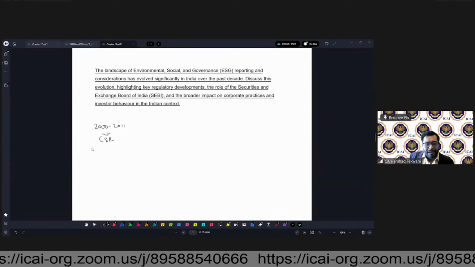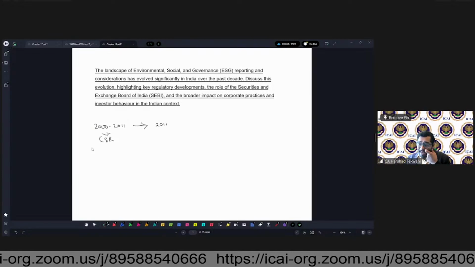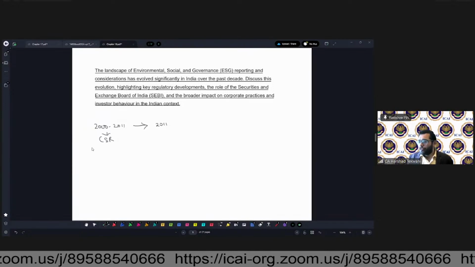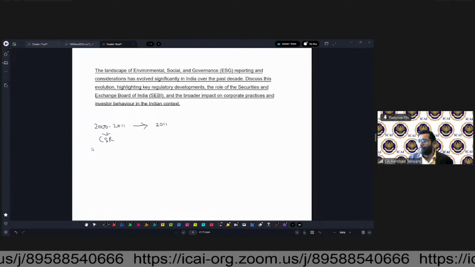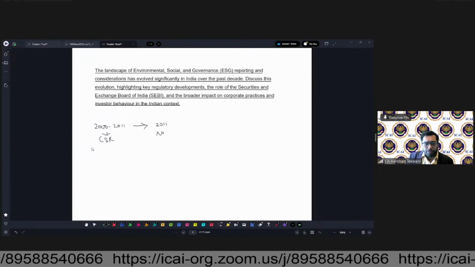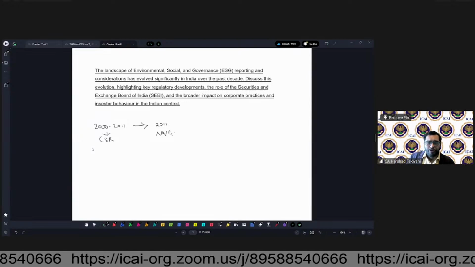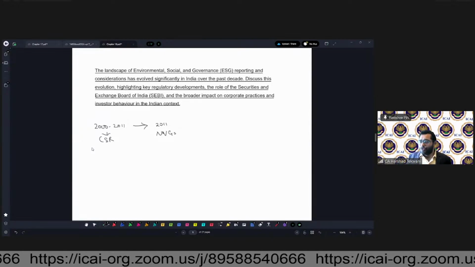Then in 2011, the government issued national voluntary guidelines on social, environmental, and economic responsibility of business. So they were known as the National Voluntary Guidelines of 2011. The MCA issued these guidelines.